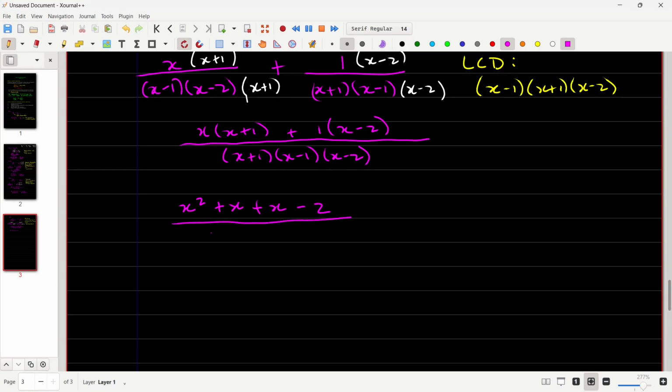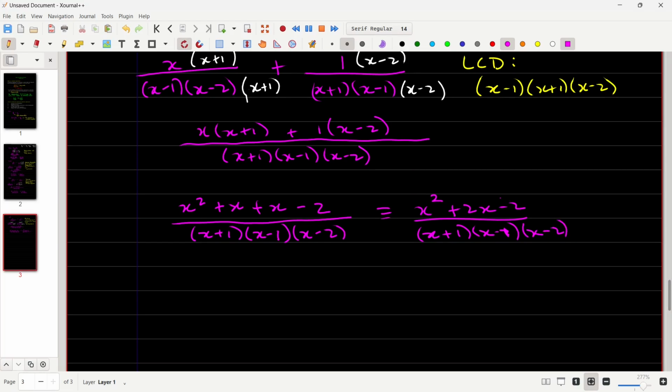And then divide this by x plus 1, x minus 1, x minus 2. This here would be equivalent to x squared plus 2x minus 2 divided by x plus 1, x minus 1, and x minus 2.